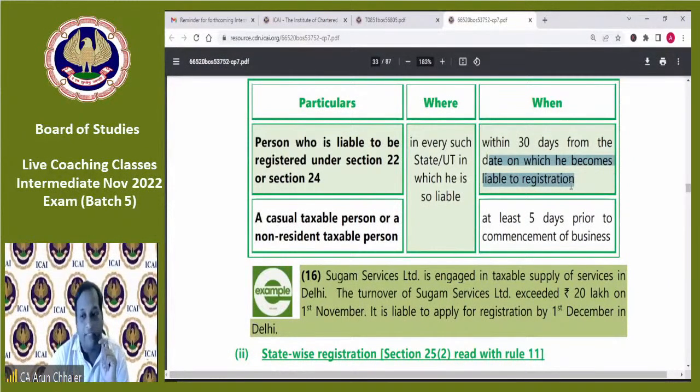Whether advance tax is paid before the commencement, yes. At the time of application under casual taxable person or non-resident taxable person, when I am filing the application of registration, at that time, once I select casual taxable person or non-resident taxable person, they give the table estimated turnover and estimated tax liability.